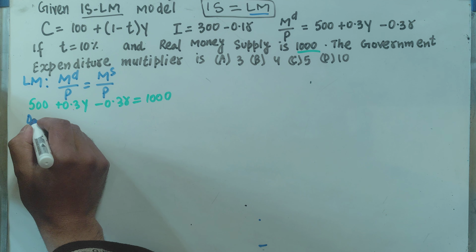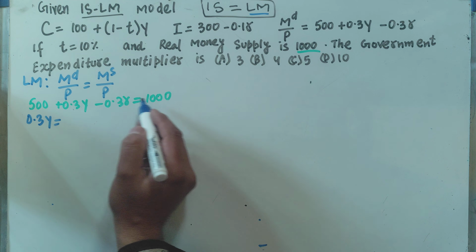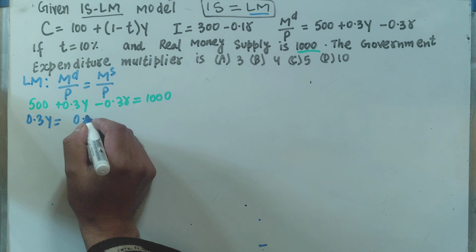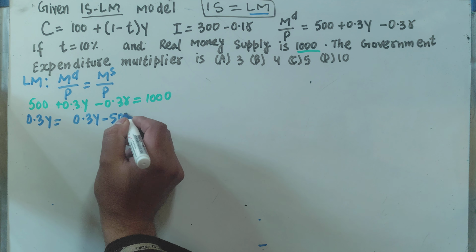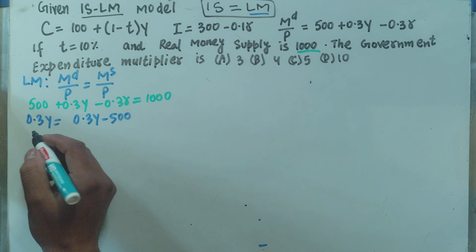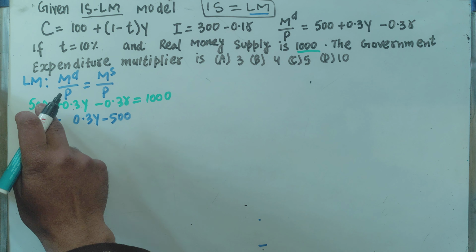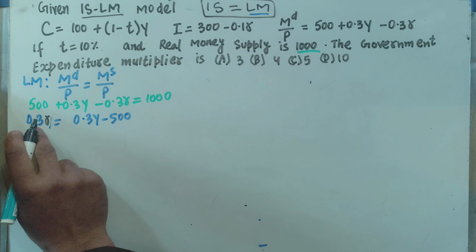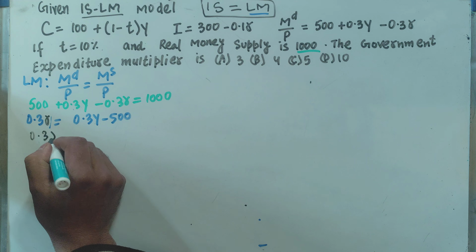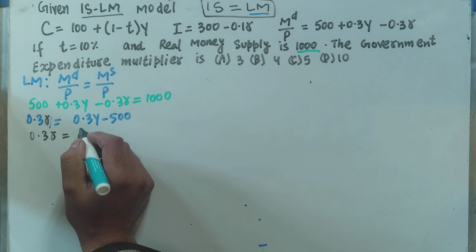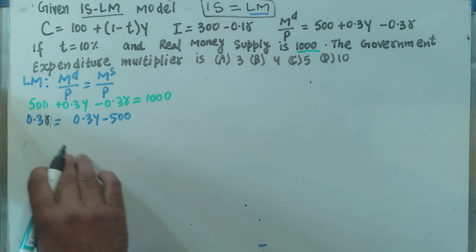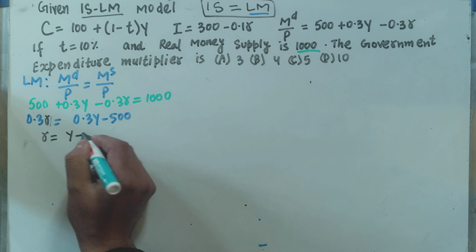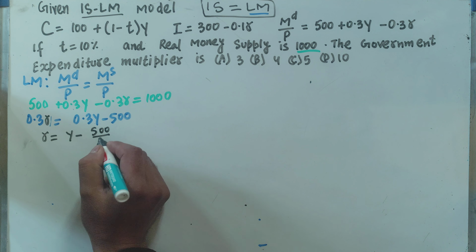Transposing, we get 0.3R will be equal to 0.3Y minus 500, since 500 minus 1000 is minus 500. Dividing both sides by 0.3, we get R equal to (Y minus 500) upon 0.3.